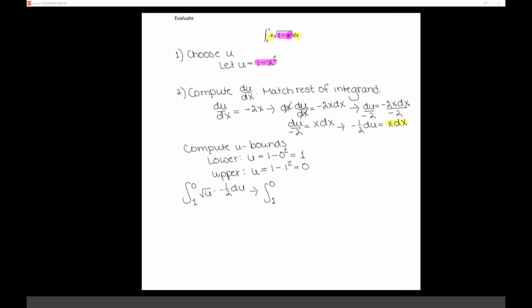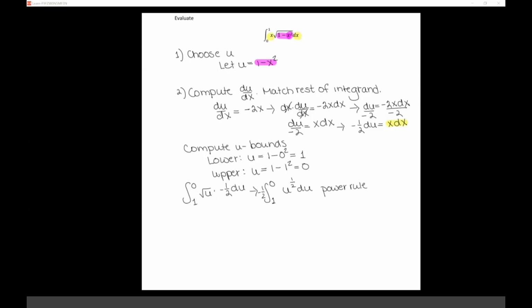The first thing I'm going to do is pull through the negative 1/2, and write my square root of u as u to the 1/2 du. So I pulled the coefficient through, and I rewrote the square root of u as u to the 1/2, so I can now use the power rule for integration.